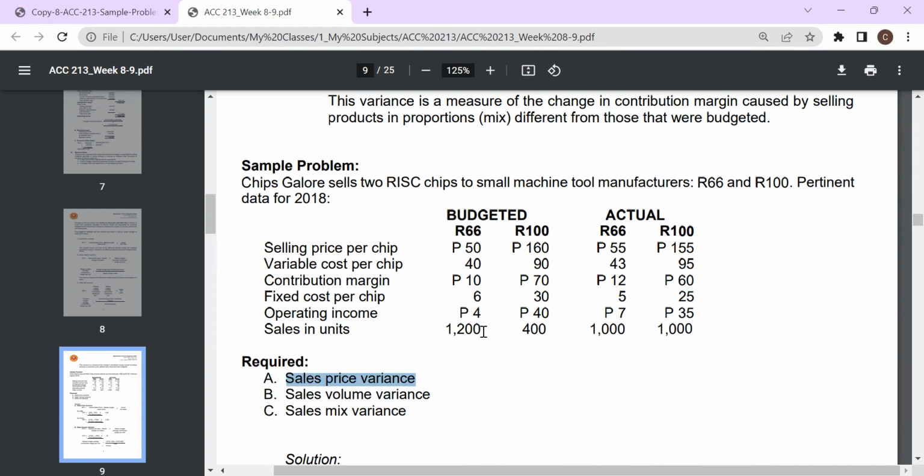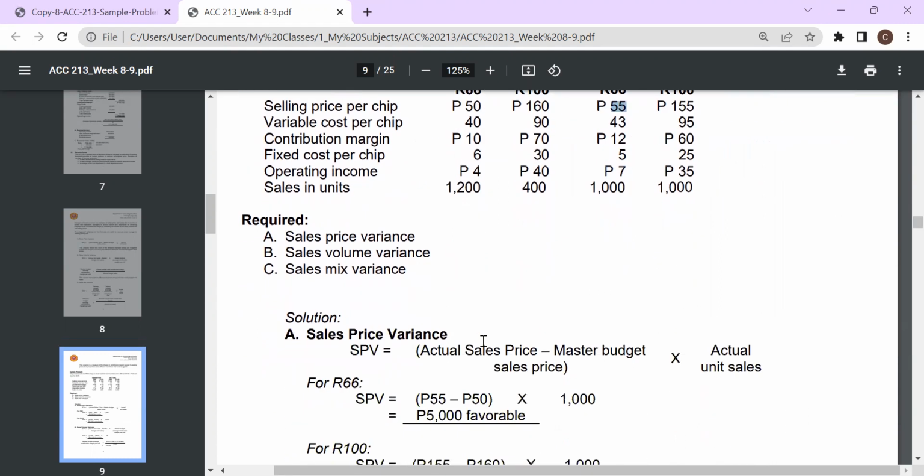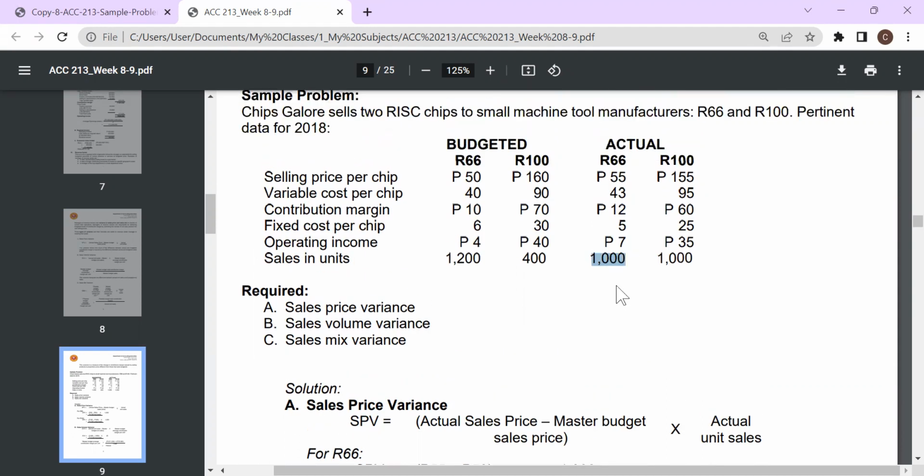So to compute the sales price variance, we will take the R66 product one by one, and of course the R100. For R66, you simply have to compare your budgeted selling price versus the actual. So 50 versus 55. So you have a 5 peso difference, and then you have to multiply that with the actual number of units sold, which in R66 is 1,000.